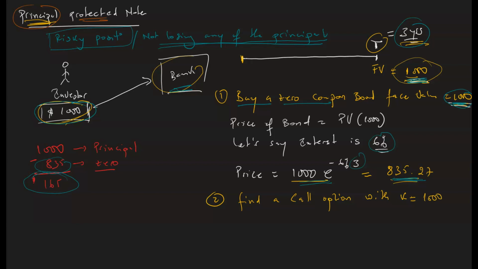Strike price. And so if the bank is able to do that, and the bank can pay $165 or less for that call option contract, so the premium on the call as a whole would be less than or equal to the $165 that we have left to invest, then the bank can satisfy the need of his investor.